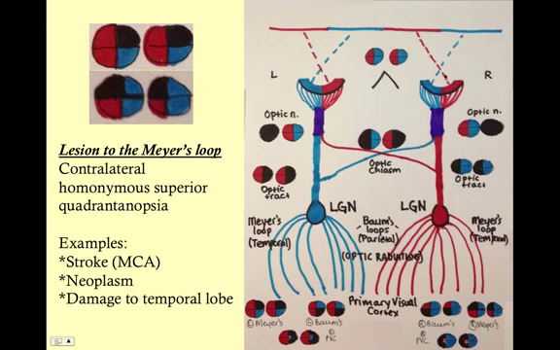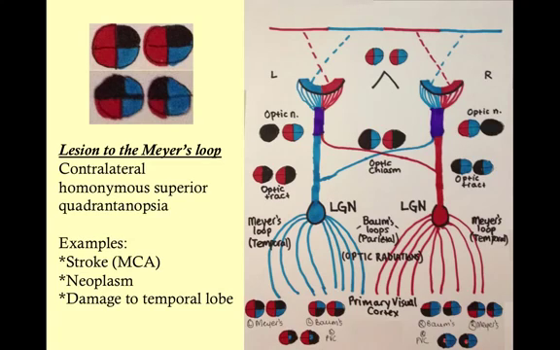So if you think about it here, our optic tract on the left side is containing all of our information from the right visual fields. Then it splits into Meyer's and Baum's loop. Meyer's loop contains just the superior half of those visual fields, and Baum's loop contains just the inferior part of those visual fields.